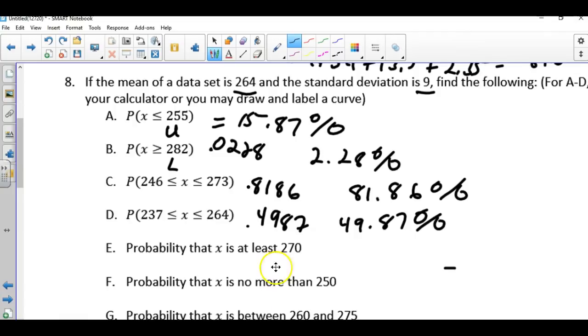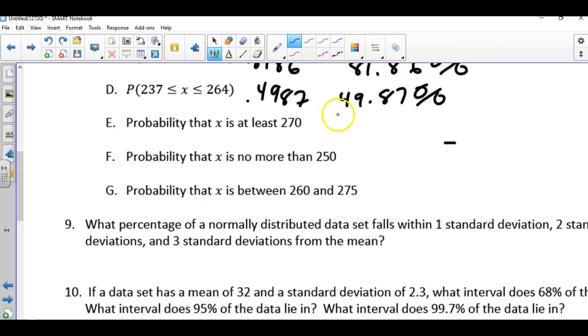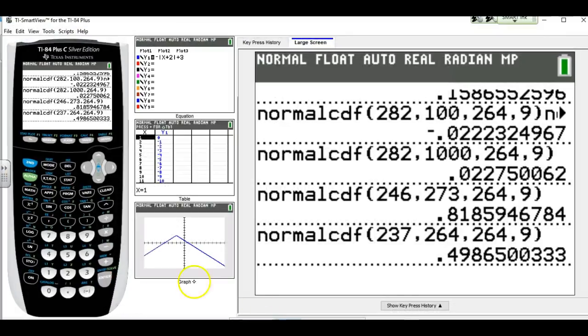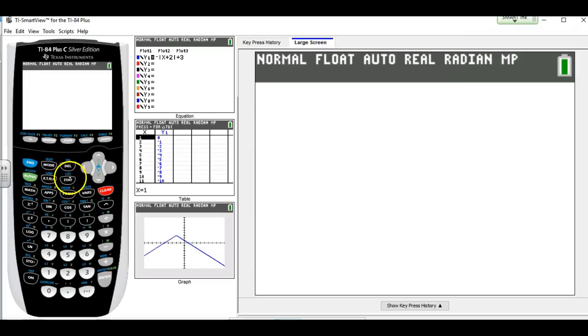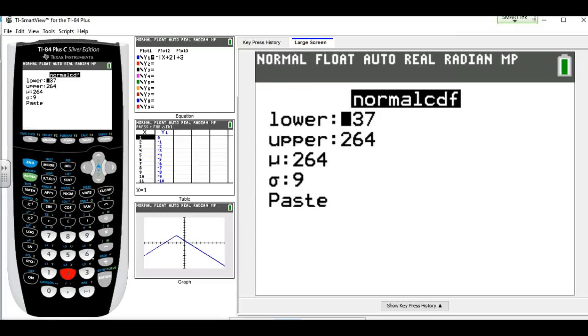Now, let's look at E. Think about it, guys. The probability that X is at least. At least means this is the smallest amount. That's your lower bound. At least 270. Normal CDF.